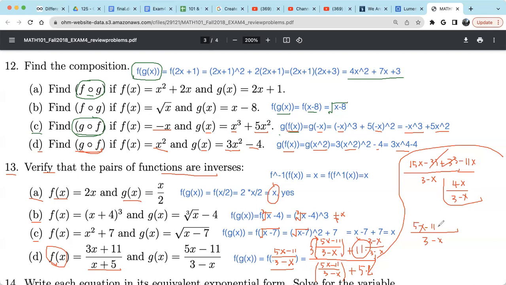So 5 times 3, I get 15. Then 5 times negative x, I get a minus 5x. Now I combine like terms. I have positive 5x and negative 5x, they cancel each other. Then I have negative 11 plus 15. That's 15 minus 11, which is 4. Which is 4 divided by 3 minus x. This is my denominator, right?